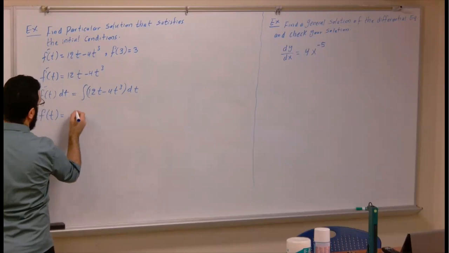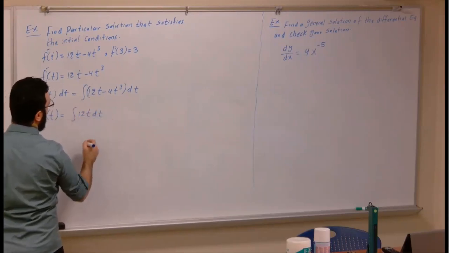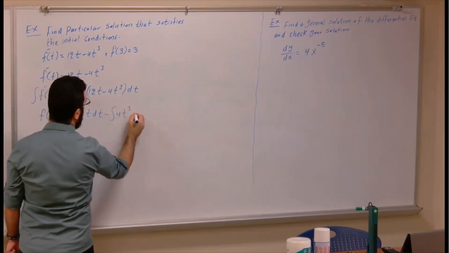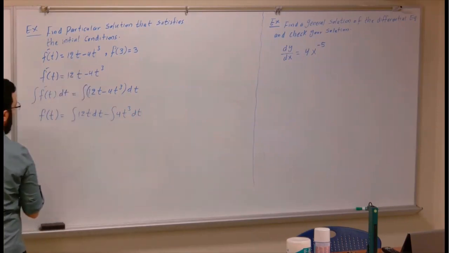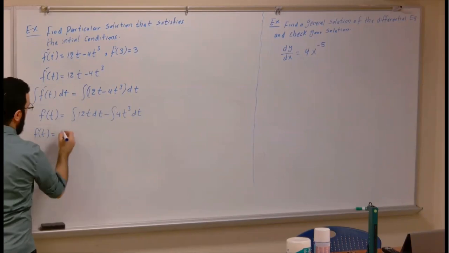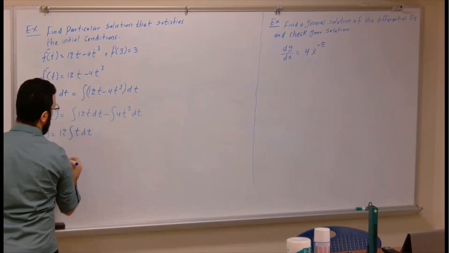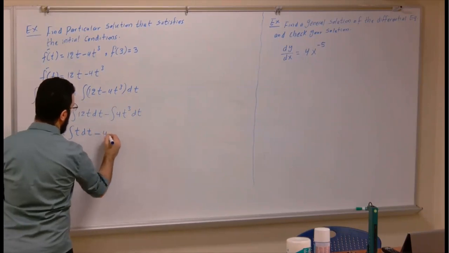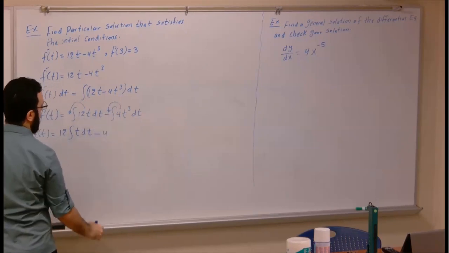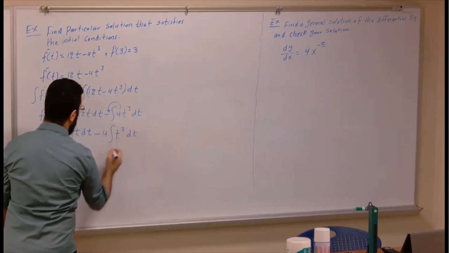Taking the integral here, it's going to be the integral of 12t dt minus the integral of 4t cubed dt. That means f of t is going to equal 12 times the integral of t dt minus 4, I'm taking the numbers outside the integral, 4 times the integral of t cubed dt.